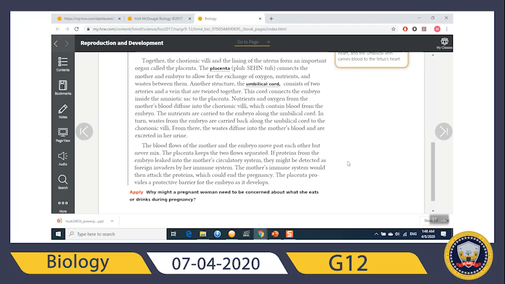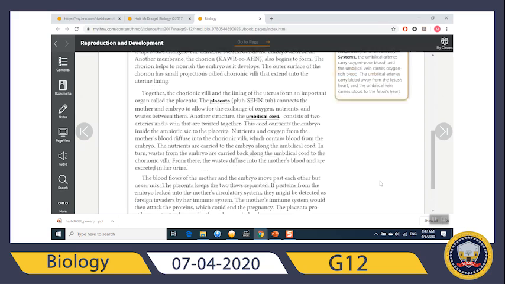The placenta keeps the two flows separate. If the proteins from the embryo leaked into the mother's circulatory system, the immune system would consider these proteins as invaders and attack them. That's why the placenta has a major function.